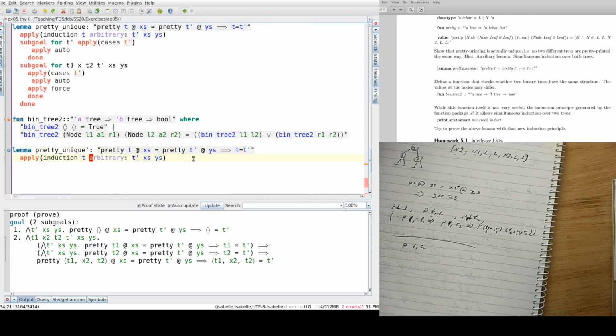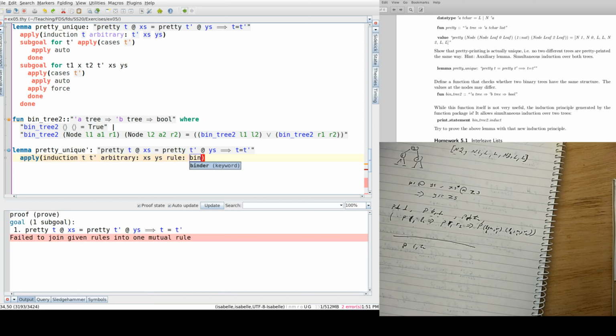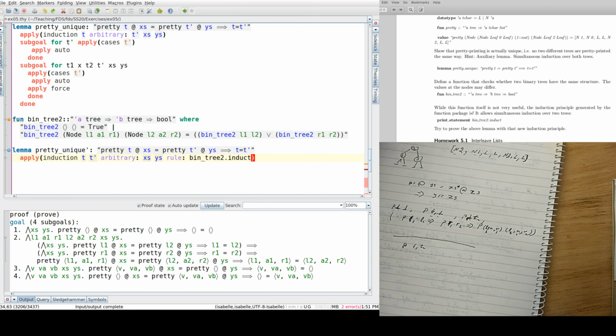So t and t prime, and okay, and then rule bin underscore 3 to induct. Okay, so now look at this. This is exactly what we wanted. So we wanted all the four cases: when one is a leaf and the other one is not, when the other is a leaf and the first is not, and both are not leaves.